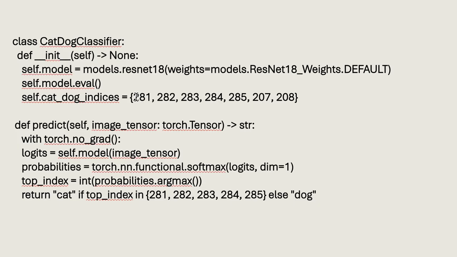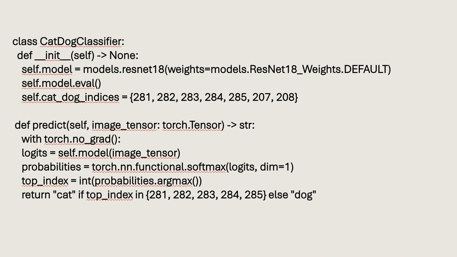Here in this third line, as you can see, cat dog indices. These are pre-trained weights that are already available in ResNet 18. We are taking these weights, which define the category of dogs or cats.